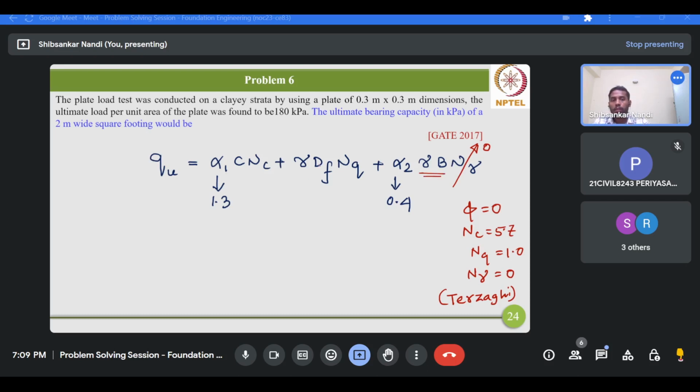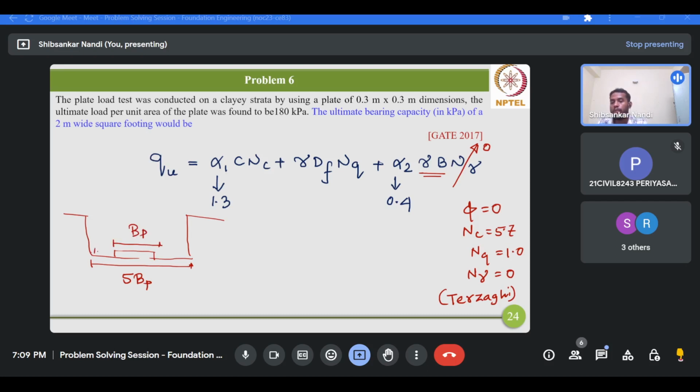Now, what about the second component? For conducting a plate load test, you have to excavate a pit of dimension 5 times Bp. If the plate dimension is Bp, then 5 times Bp you have to excavate.